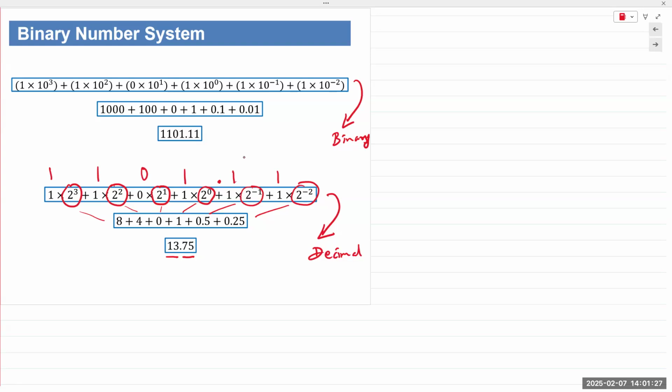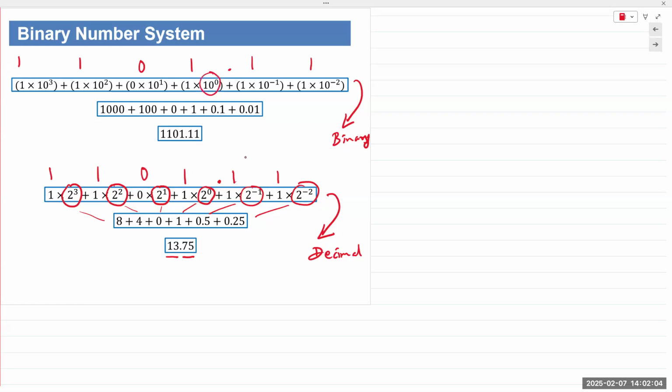Okay. And then the opposite, if you want to go from decimal to binary, sorry, 1101.11. We have the base 10. And so the base 10, we're going to split this up. We are going to take 1, 1, 0, 1, 1, 1. 10 raised to 0, 10 raised to 1, 10 raised to 2, 10 raised to 3.